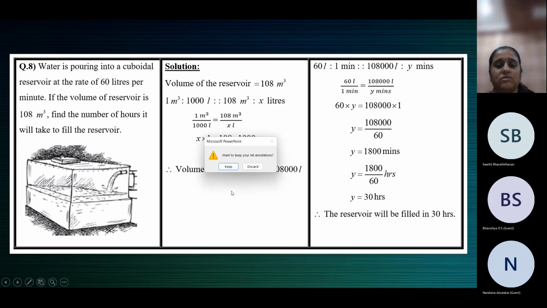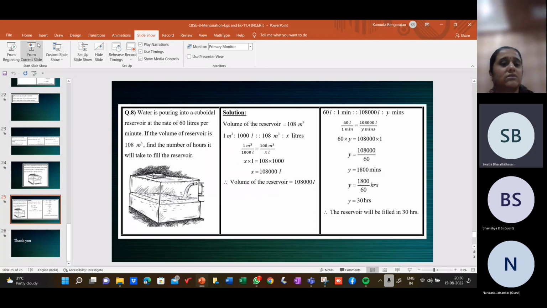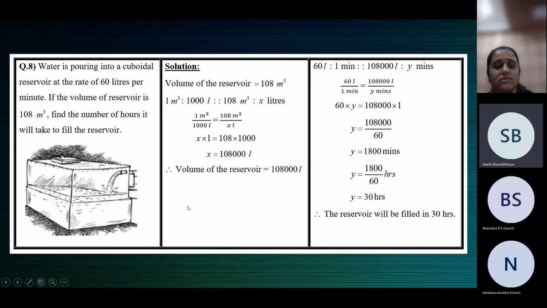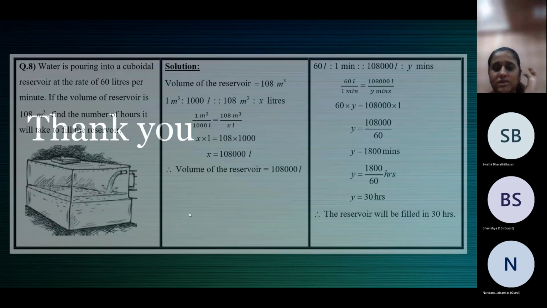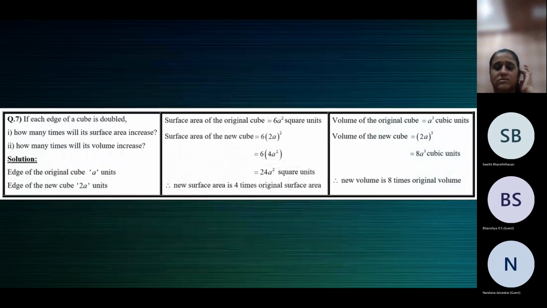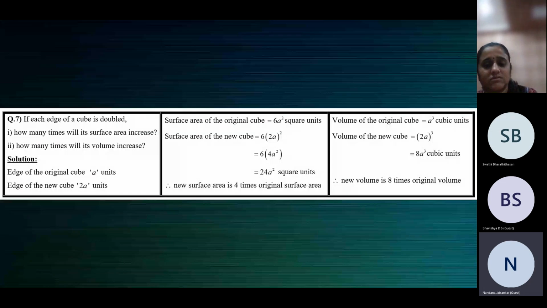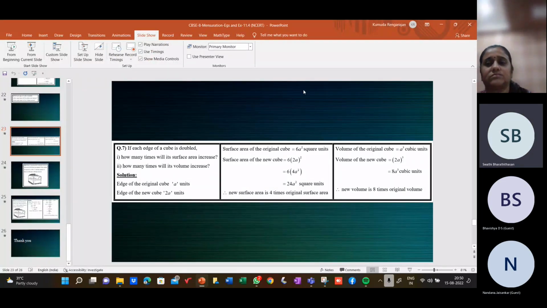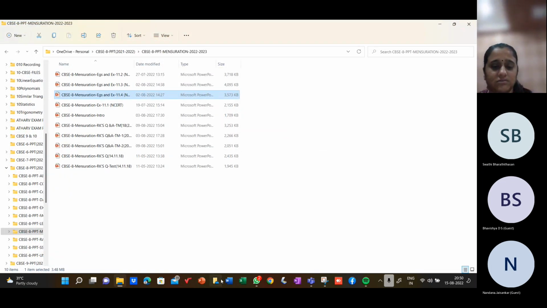Let me see the portal. All of you took a screenshot? Yes, ma'am. Okay. Swati says yes. What about the others? Okay. Just a minute.